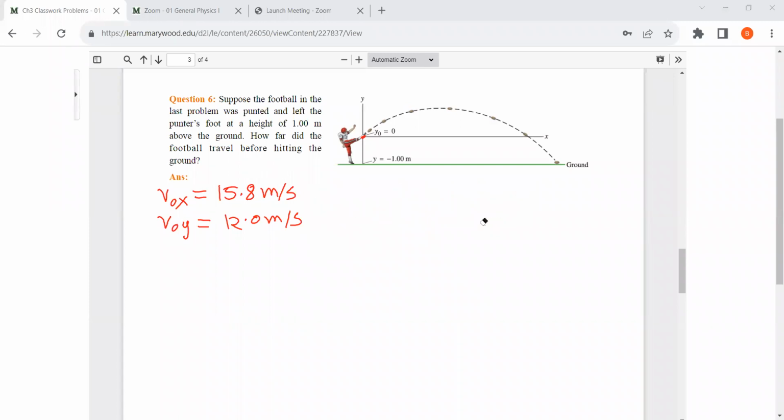Now what does it ask us to calculate? It asks us to calculate how far the football traveled before hitting the ground. So we have to calculate this distance. These are the given information, and it also says that this height is 1 meter.